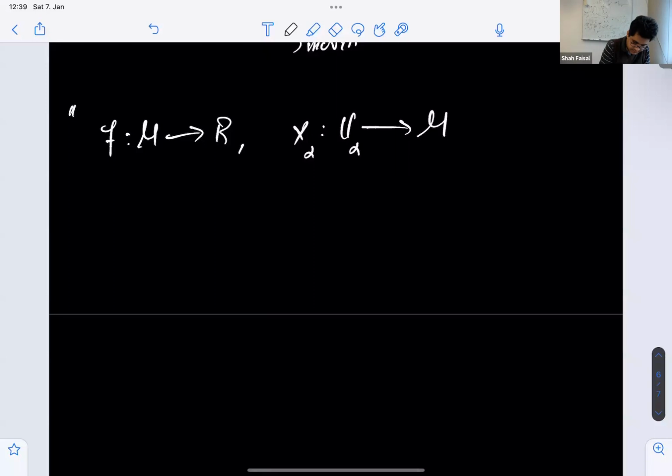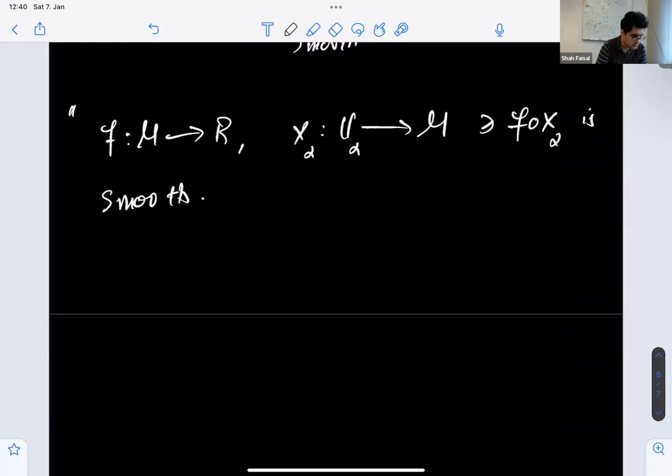So let's say you have a function from a manifold, and you choose X alpha going from R^n to M such that the composition is smooth. Now, let's say I choose X alpha and I found that this composition is smooth because it's a function from Rn to R.